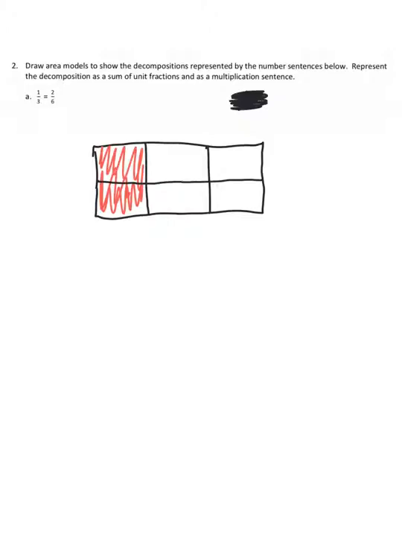So now we have a unit fraction of 1/6, 1/6, and 1/6. Up here we originally had a third because it was broken up into thirds, and once I drew that line across, we're now showing 2/6. So this represents 1/3 is equivalent to 2/6.